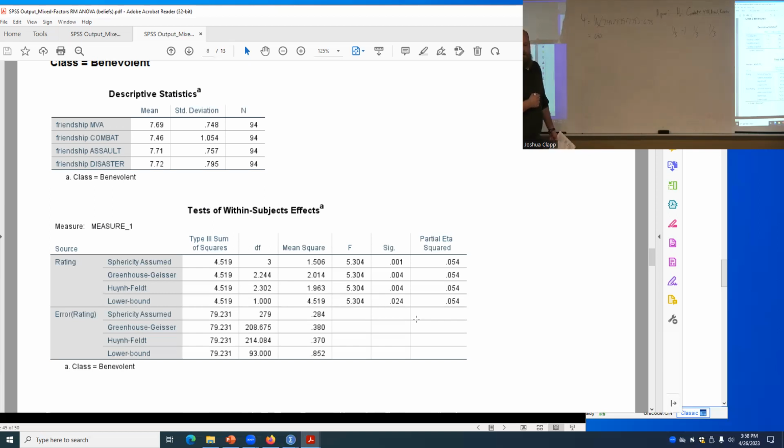Just real quick, would you get 7.4? 7.48. Oh yeah, it's 4.8 on the one uploaded, but up there it's 4.6. I think that's a different output here. Oh, this is benevolent.